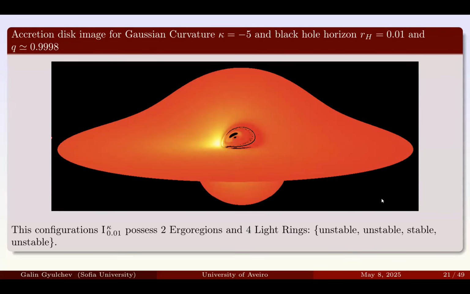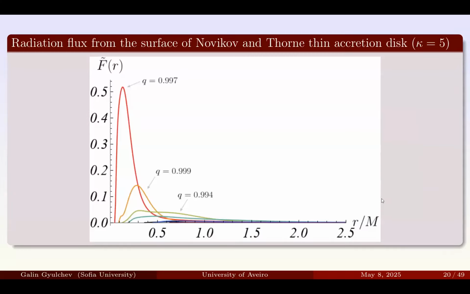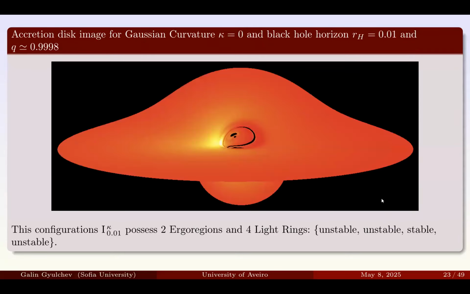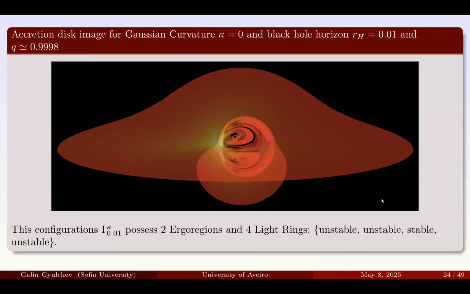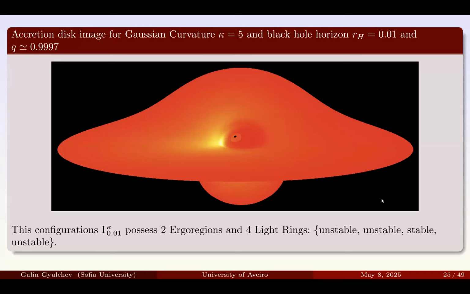After that, when we change the Gaussian curvature to positive, this picture changes a little bit, and we can see that these black parts of the shadow became a little bit more shaded. When the Gaussian curvature is positive, we can see an increasing of the flux, but the shadow became more shrunken than in the previous situation.